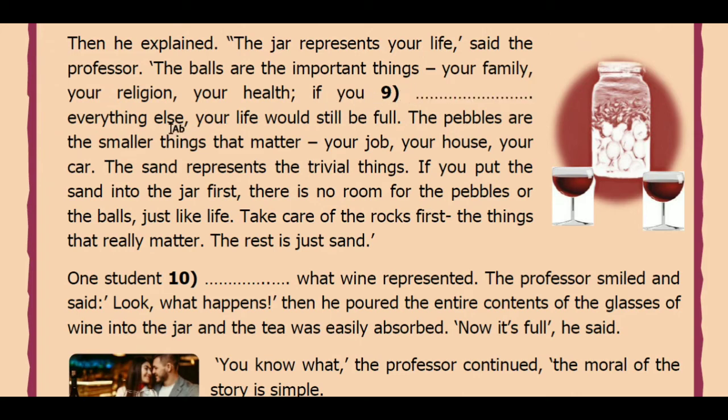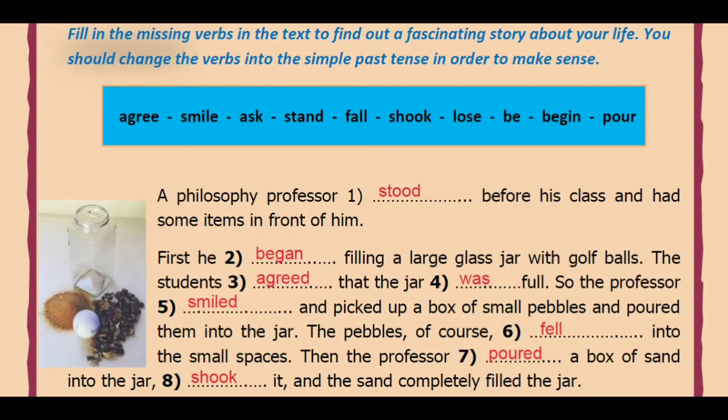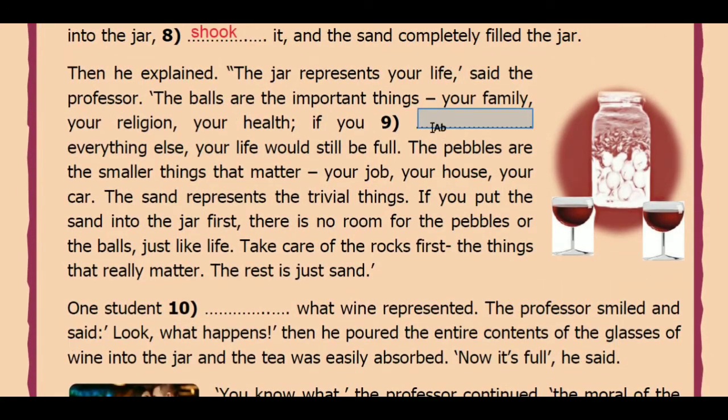If you everything else. There are only two verbs, everyone, lose and use. So you have to complete lose, in the past tense. Lose becomes lost. If you lost everything else, your life would still be full.